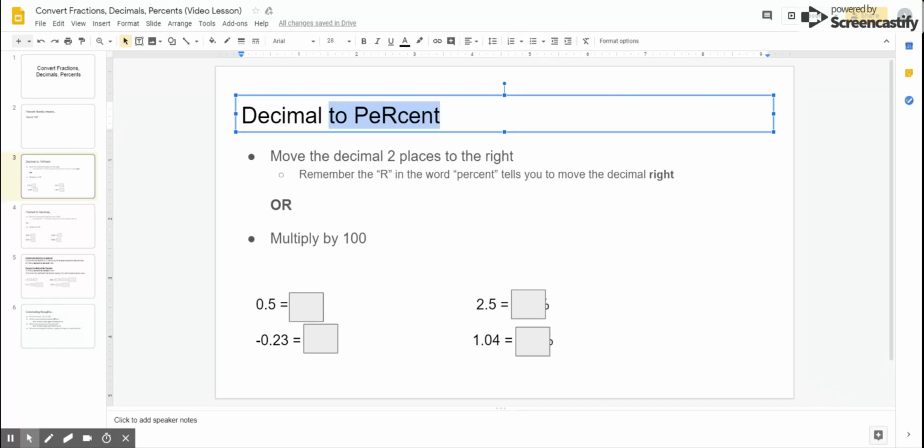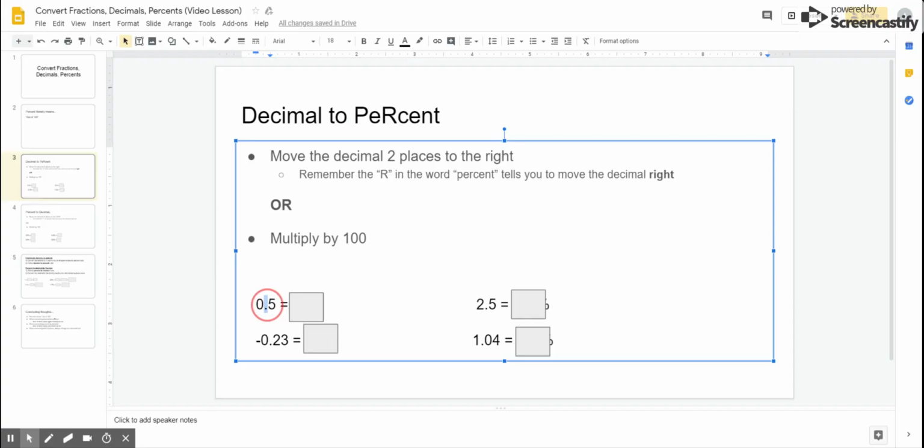So the first example has 0.5. We're going to start at the decimal point, and now you're going to move it 2 places to the right. So one place would be past the 5, and then another one would be another space after the 5. So here's the decimal.